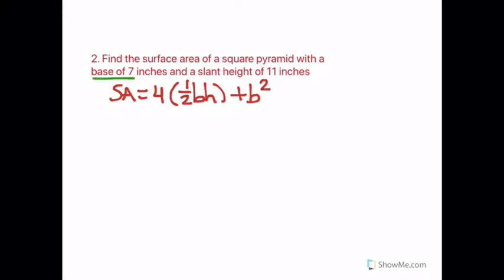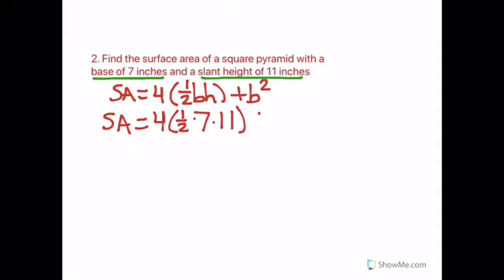Going to substitute 7 in for B and 11 in for H. So SA equals 4 parentheses 1/2 times 7 times 11 plus the base B is 7 squared.